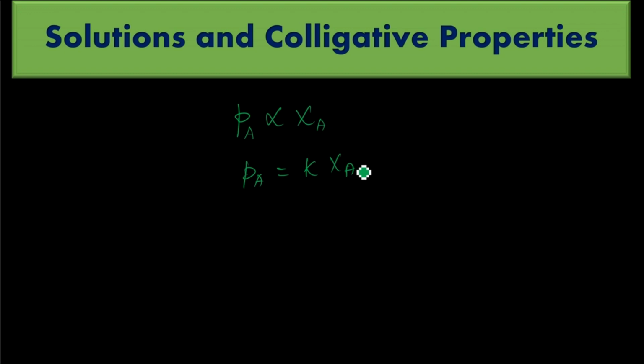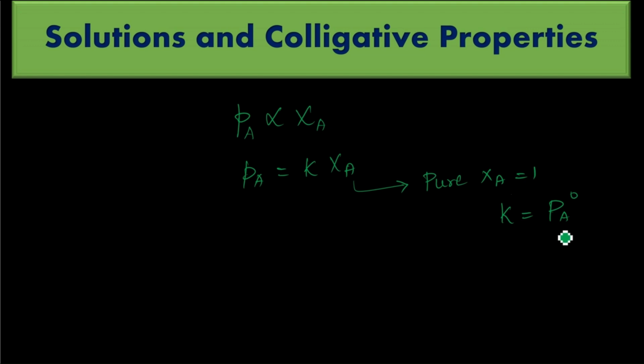If that is a pure solution, not mixing, before mixing, pure component, then what would be the chi_A value? Equal to 1, right? In that case, K will be equal to P_A naught.